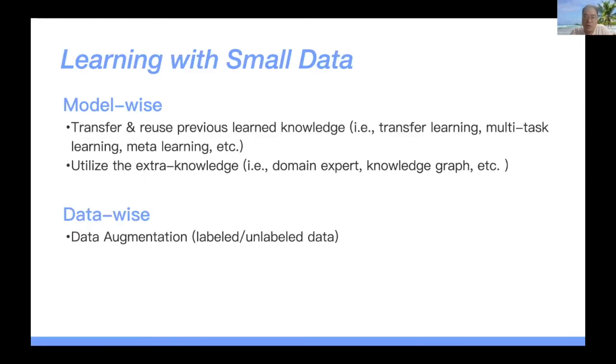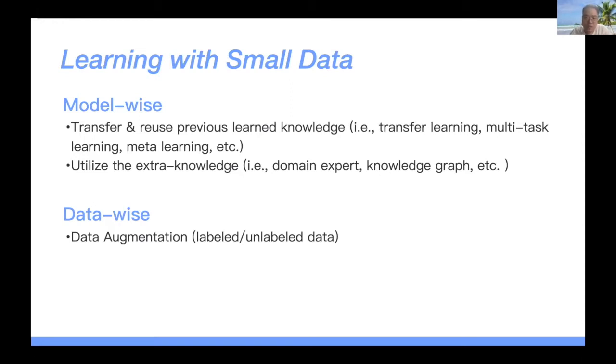So how do we deal with small data? Mainly there are two approaches: one is model-wise, the other is data-wise. For model-wise approaches, we want to transfer or reuse previously learned knowledge and generalize it to our target task. For example, the very famous BERT model in NLP is pre-trained on two tasks, language modeling and next sentence prediction.